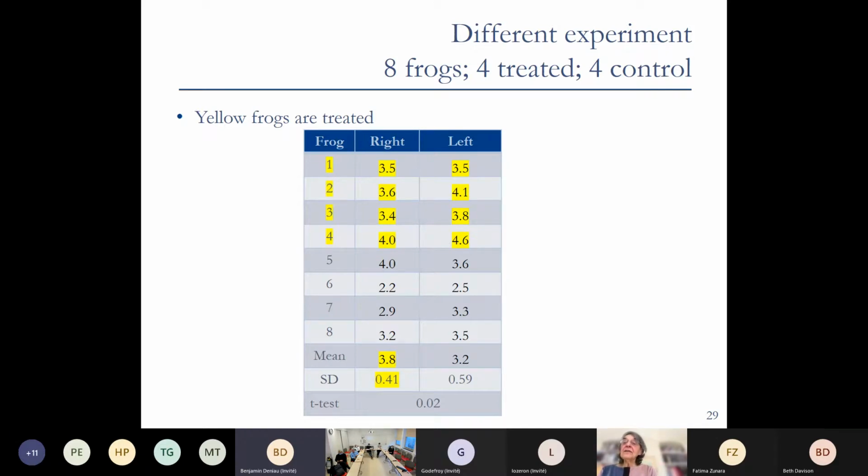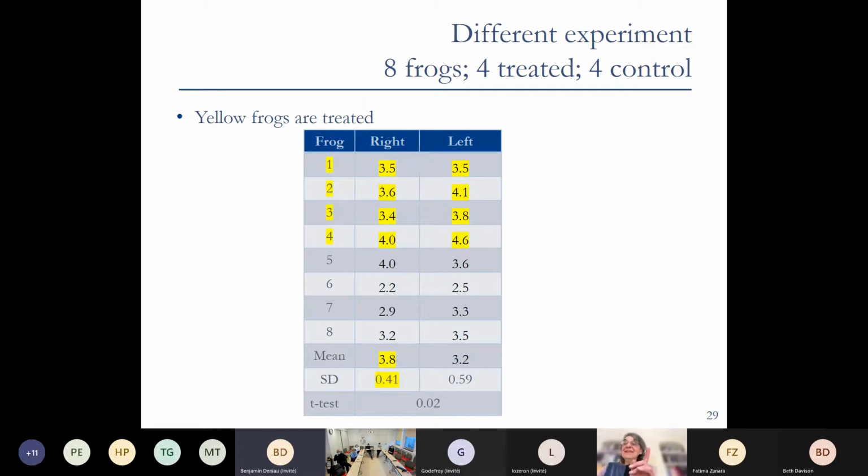I get a mean of 3.8 on the treated frogs, and that's a mean of those 8 eyes with a standard deviation of 0.41. And in my untreated eyes, I have a mean of 3.2 and a standard deviation of 0.59. And I do my t-test, I get a p-value of 0.02, strongly suggestive of a benefit for treatment.